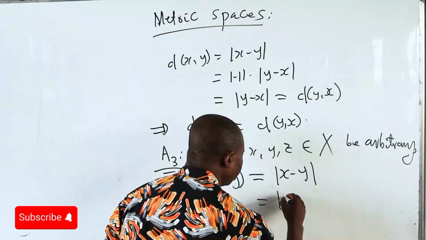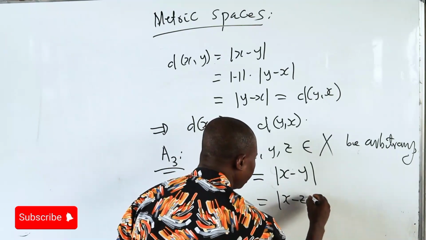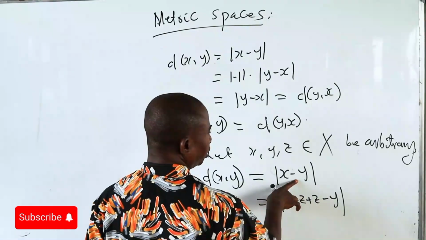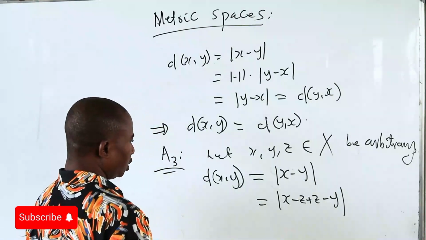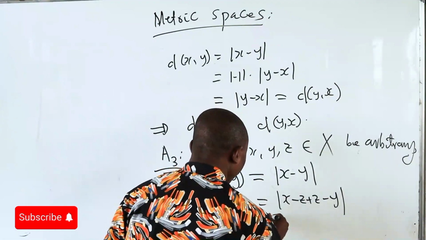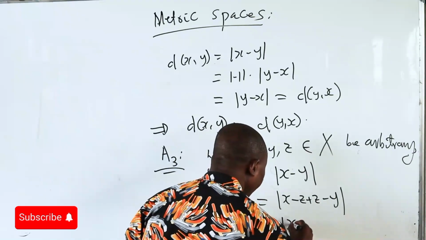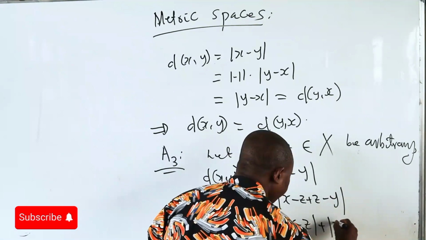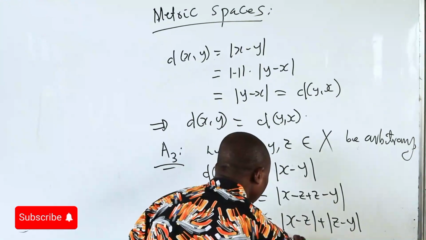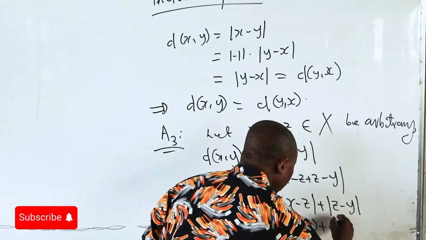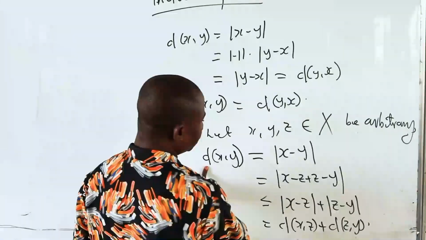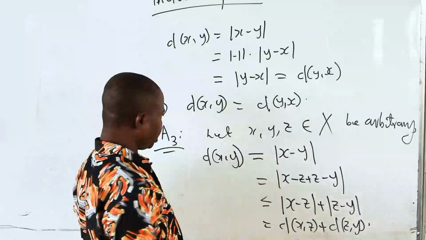This is the same as absolute value of (x minus z) plus (z minus y), because minus z plus z is 0, so we are back to where we came from. Again, using the triangle inequality that is valid for the absolute value function, this is less than or equal to absolute value of x minus z plus absolute value of z minus y. By definition, this is d(x, z) plus d(z, y). Therefore, this function also satisfies the triangle inequality.